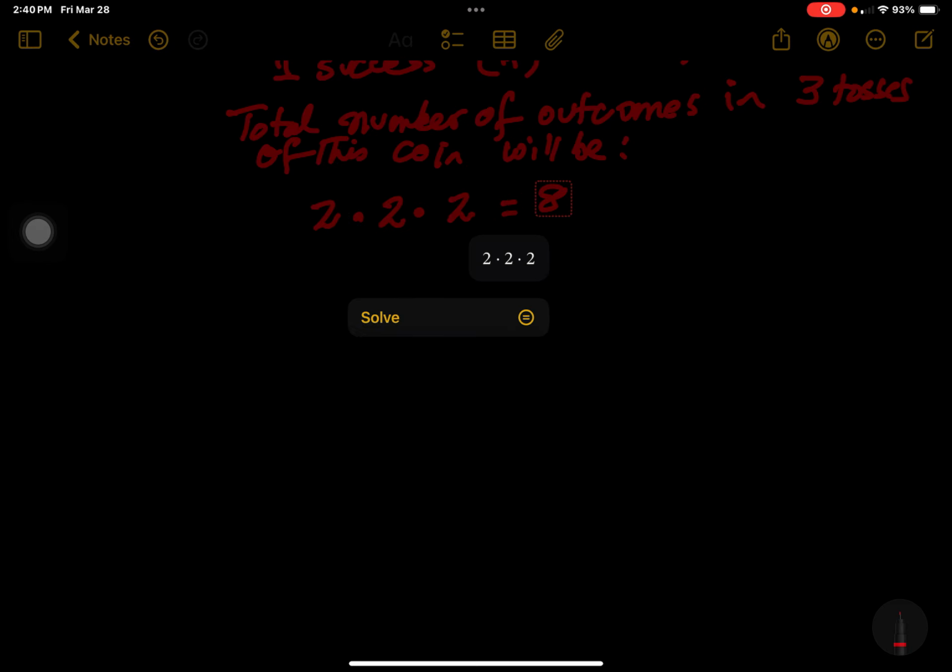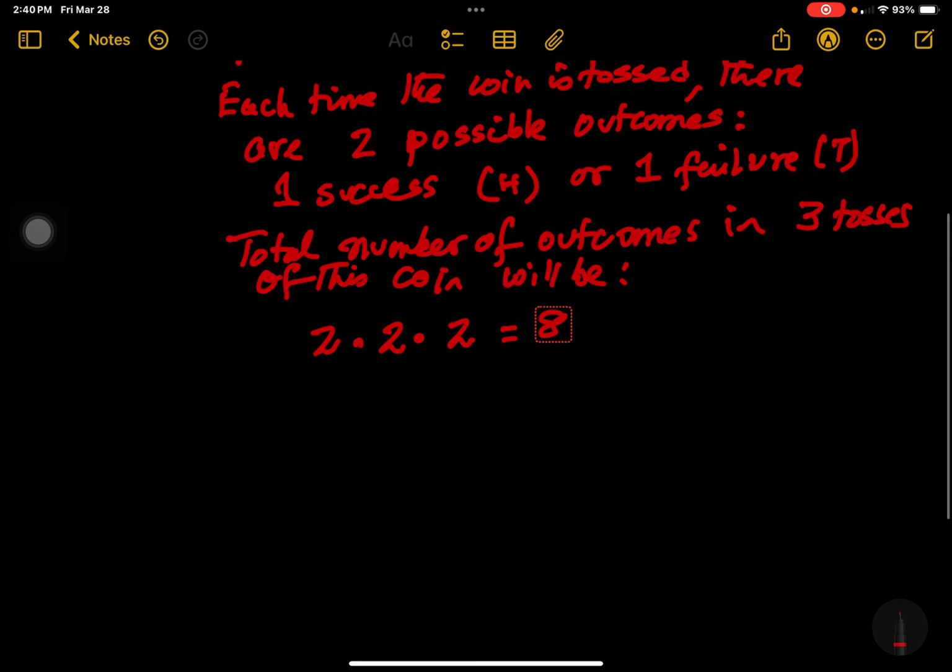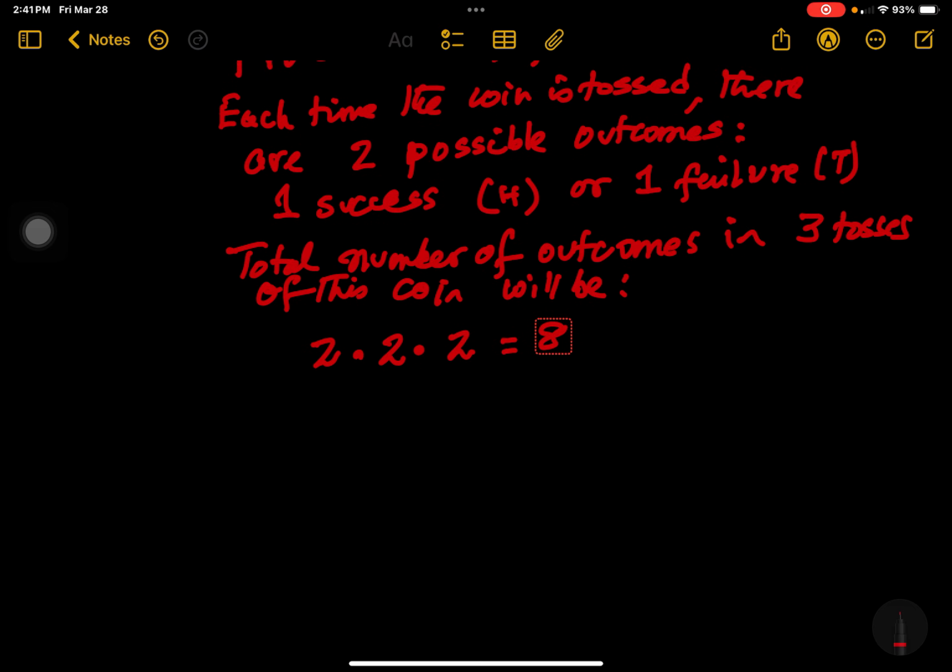This comes from the fundamental rules of counting. If one coin toss has 2 possible outcomes, the next toss has 2 outcomes, the third one also 2, the total number of outcomes, or total number of ways in which this can happen, is 8.